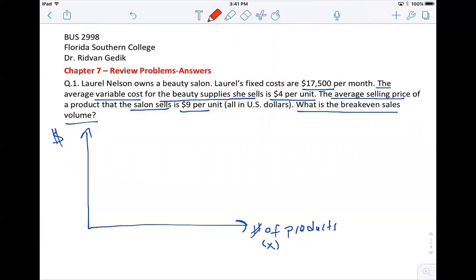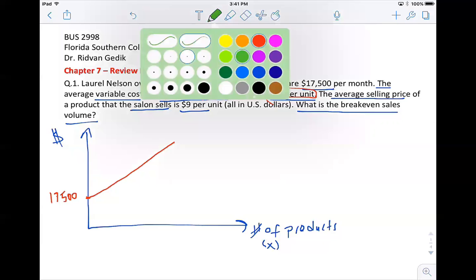My cost starts at 17,500 because that's my fixed cost, and it increases at a rate of $4 per unit. On the other hand, I do not have any fixed revenue. Therefore, let me use a different color for my revenue graph.